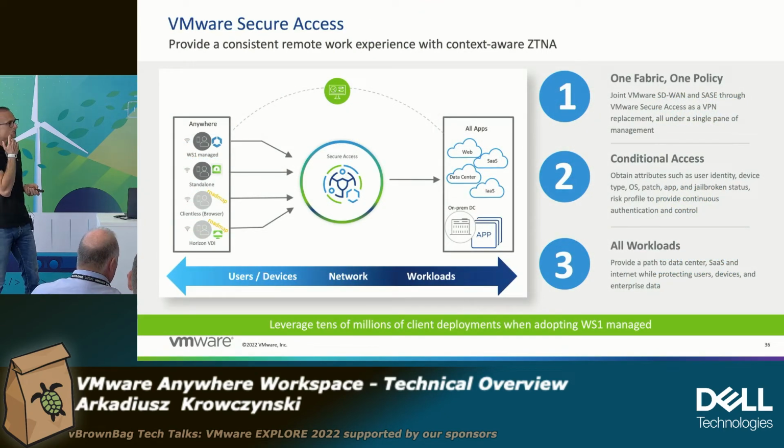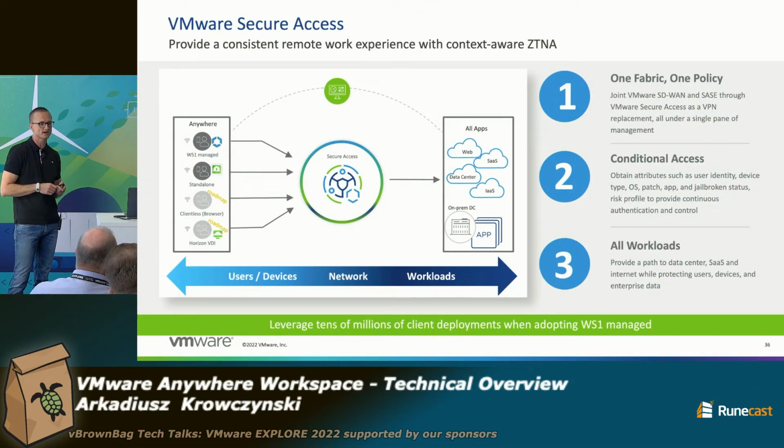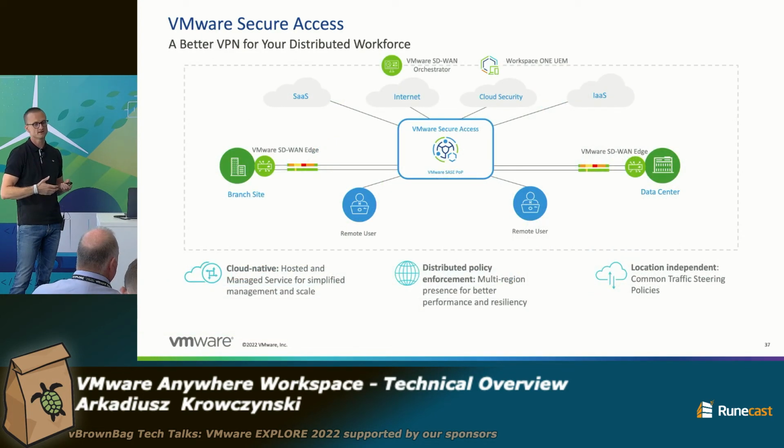Secure Access is our modern cloud VPN solution. I would say it's putting our unified access gateways into the cloud, but in a very modern way. Means there's no need to deploy legacy VPN solutions in different subsidiaries. We from VMware, on the SASE side, are deploying Secure Access all around the globe within different points of presence.